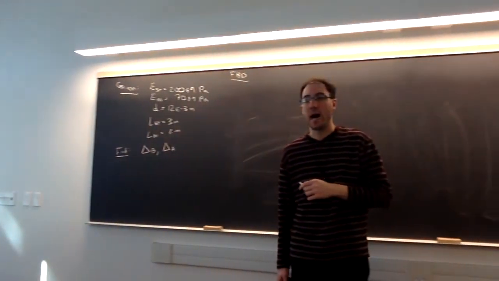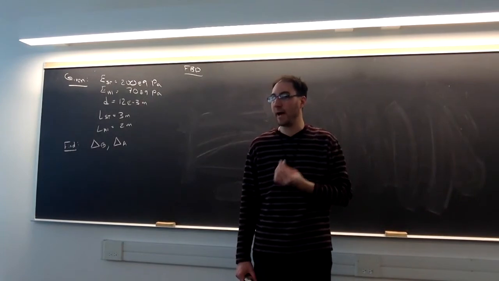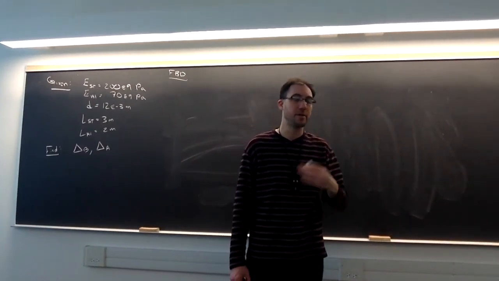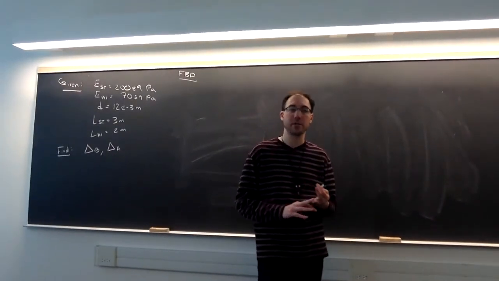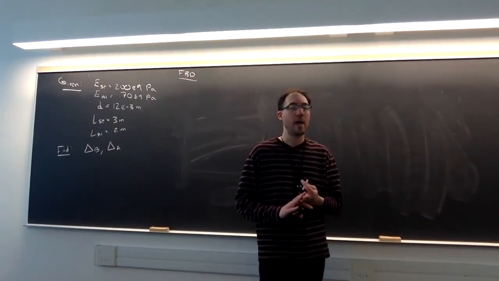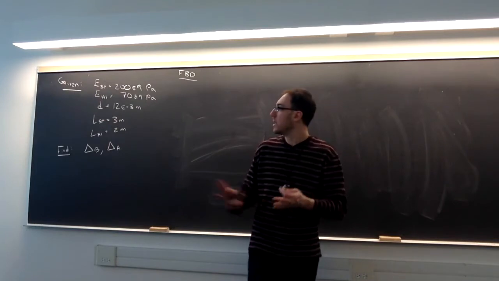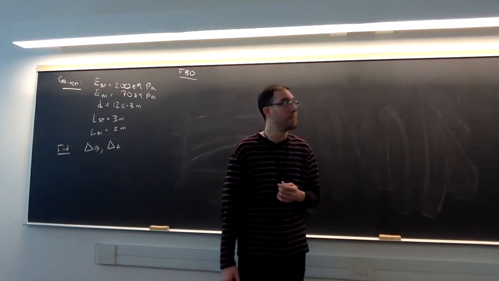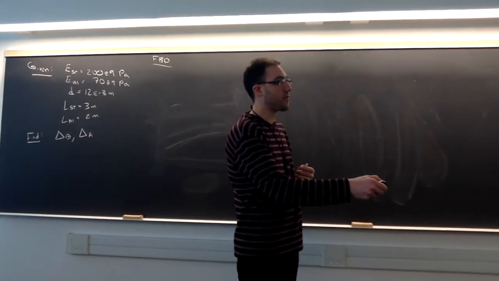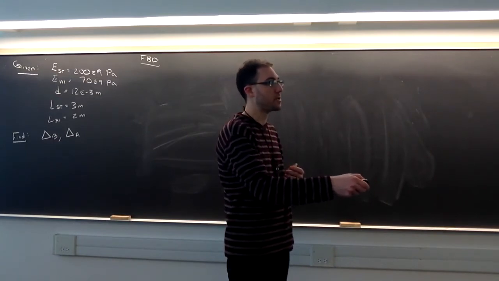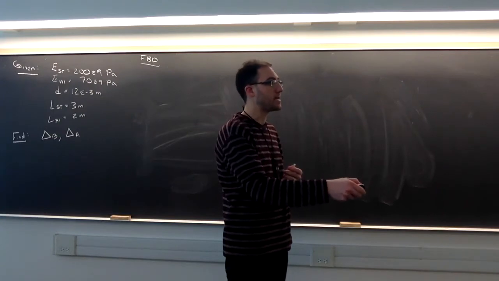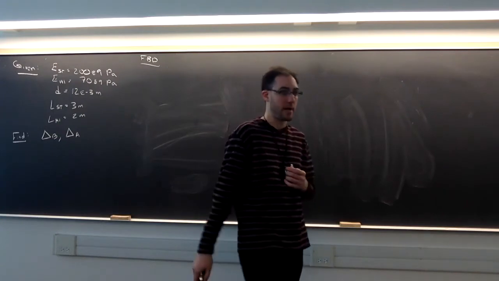We need free body diagrams. Normally we need a free body diagram for each section, but basically anytime we're changing the material, the cross-sectional area, or the internal load, we have to make a cut through that piece and represent it in our free body diagram. In this case, from C to B, it's a constant material, a constant internal load, there are no applied loads between C and B, and it's a constant cross-sectional area.